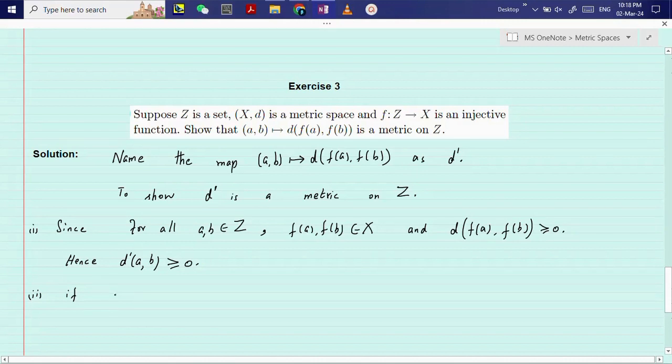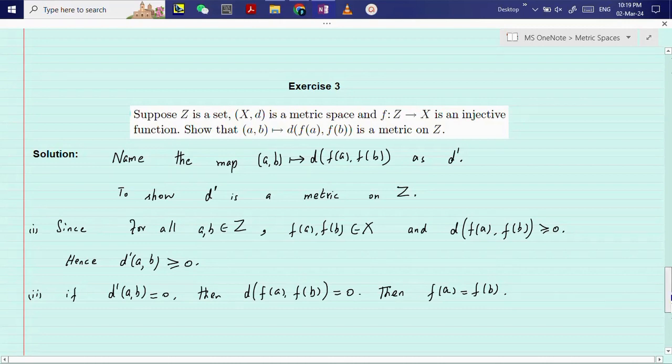Now if d dash of AB is equal to 0, it means that d of f of A, f of B is equal to 0. Then since d is a metric, f of A is equal to f of B by the property of a metric.